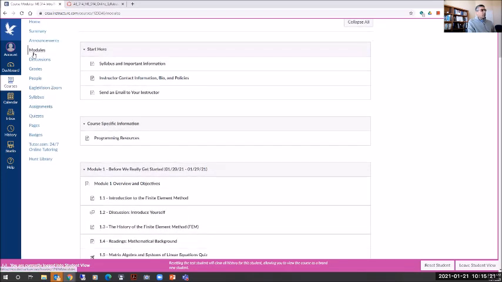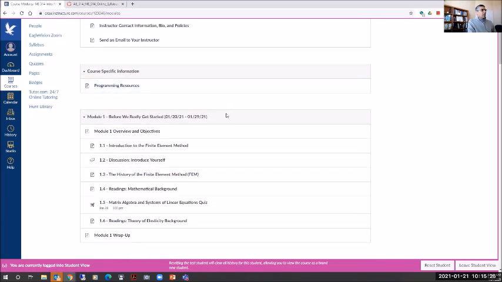If you go to the modules on the Canvas site, you see module 1, and next to module 1 at the end, there are dates. Here, because there is some work that we're going to be doing, including going through the mathematical background that is needed, we have the first 9 days to work on this module and complete it before we take the quiz.